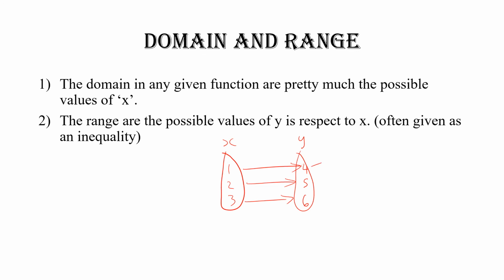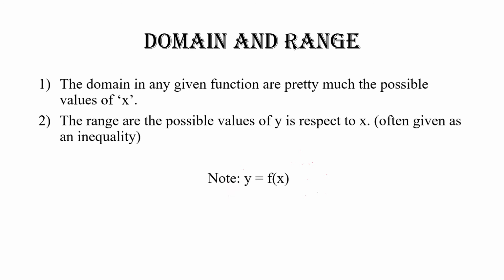Each value here is actually your codomain. But when we talk about the range, we talk about the values from 4 all the way to 6. Those are the range. And those are the values that are normally, generally represented in an inequality. And we're going to see that by the next slide. Good? So that's basically what you need to know.